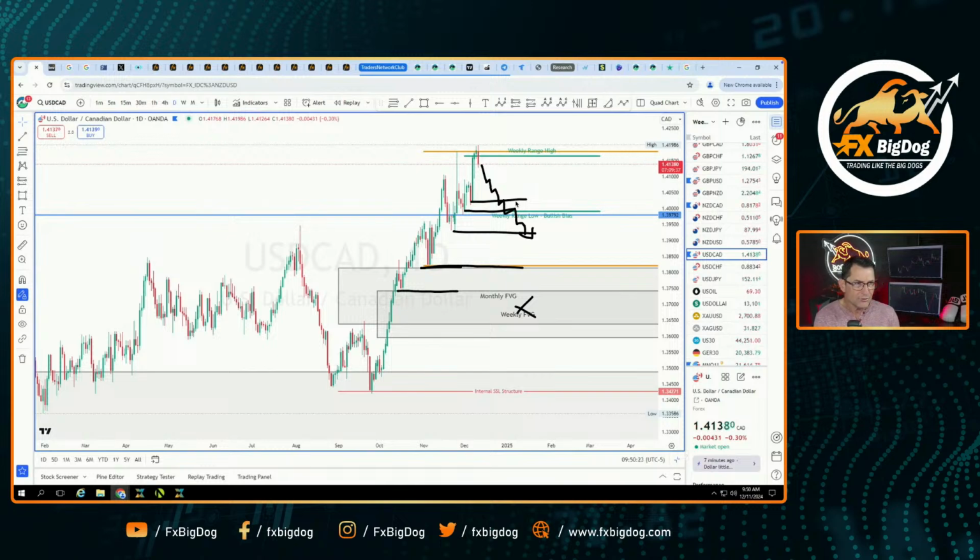Now, traders, if you want to look at intraday moves, price also rebalances insufficiency, like inside candles. Say we have a closed candle like this, selling off, and then the next candle opens up right here.